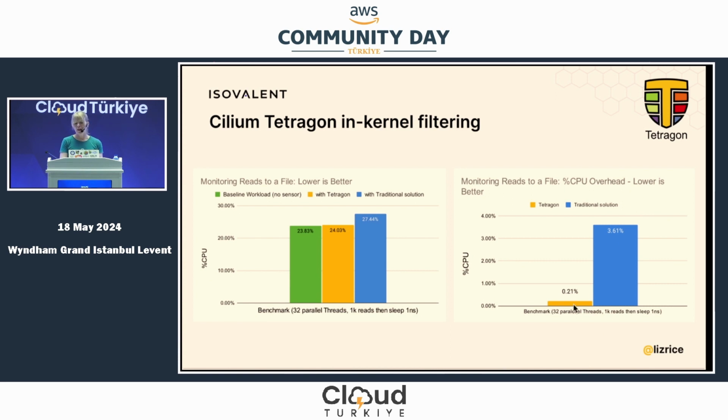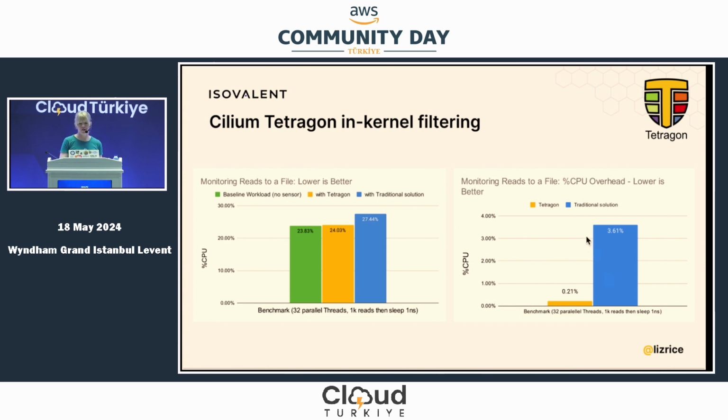And we can see that by filtering in the kernel, we're getting a CPU usage of about 0.2% compared to over 3% for solutions that are doing the filtering in user space. So it's a really significant improvement, and I think a good example of how eBPF-based technology is still improving at a really significant rate.